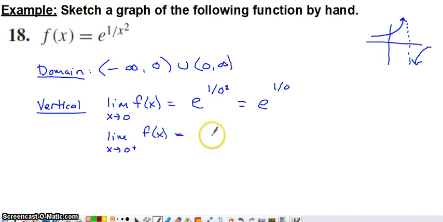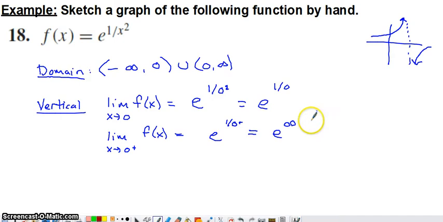When I approach 0 from the smaller side on this function, what I end up getting in this denominator is a small positive. If I put a small positive here in place of this x and I square it, it stays a small positive. 1 divided by 1/1,000,000th, that's going to be like 1 times 1,000,000, the reciprocal of that small fraction. And so that's going to be a huge value, and the huge value in this case is positive, and that's going to be the exponent on a base e.